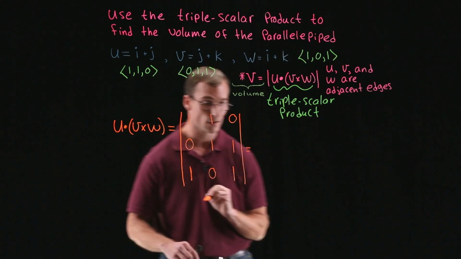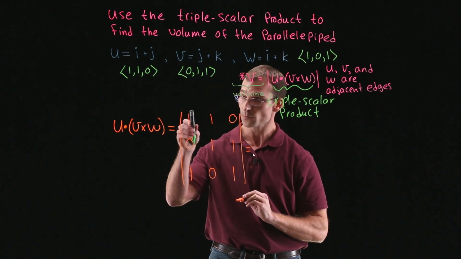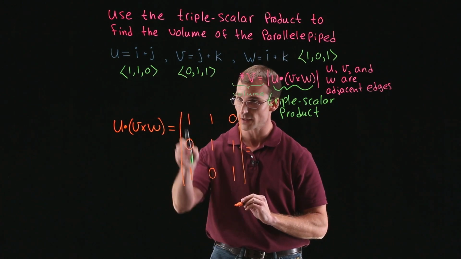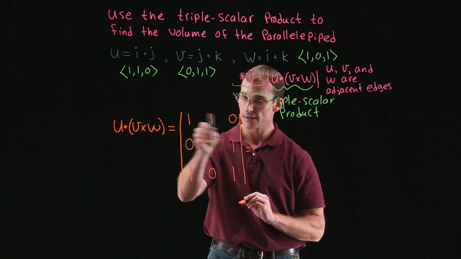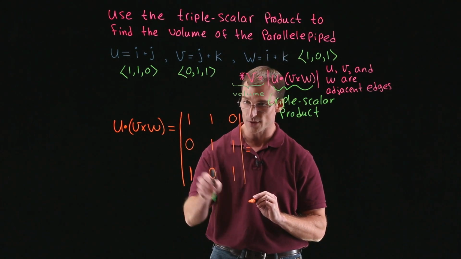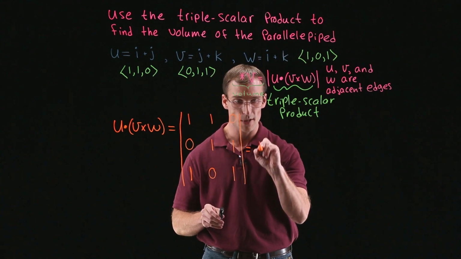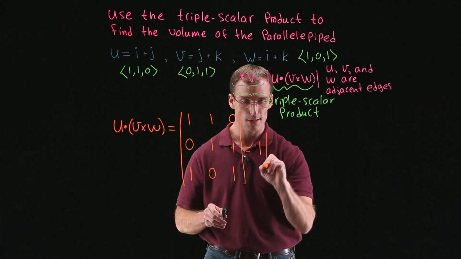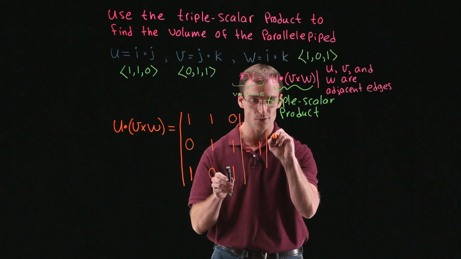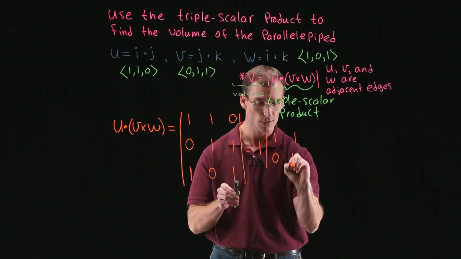So we're taking the determinant of this 3 by 3 matrix. How we do this is we start in our top row with our first entry and delete that column and row with that value in it, and take the determinant of the 2 by 2 matrix with what's left, and that value multiplied. We start with positive, so positive 1 times the determinant of our 2 by 2 matrix with 1, 1, 0, and 1.